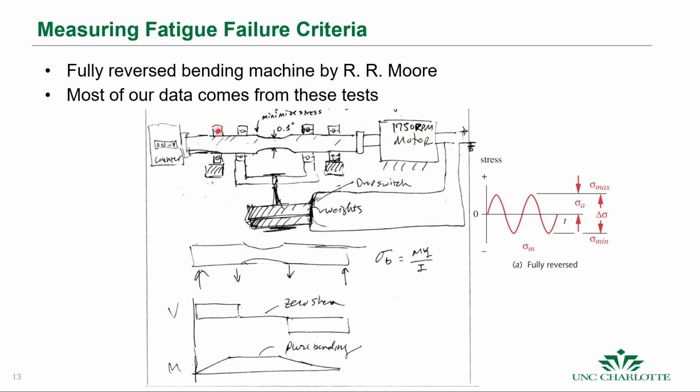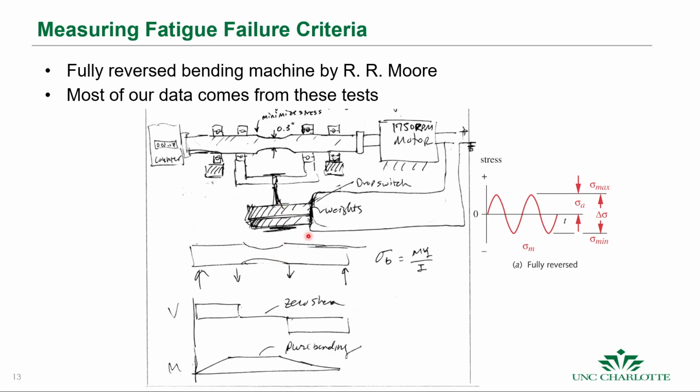You have support bearings here, and attached to this you have a little structure where you can hang weights. Then you have your support bearing on the other side, and these are just hanging in air, and this shaft is spinning, and you have a counter over here that just keeps count of the number of cycles. So you can put your load on here.